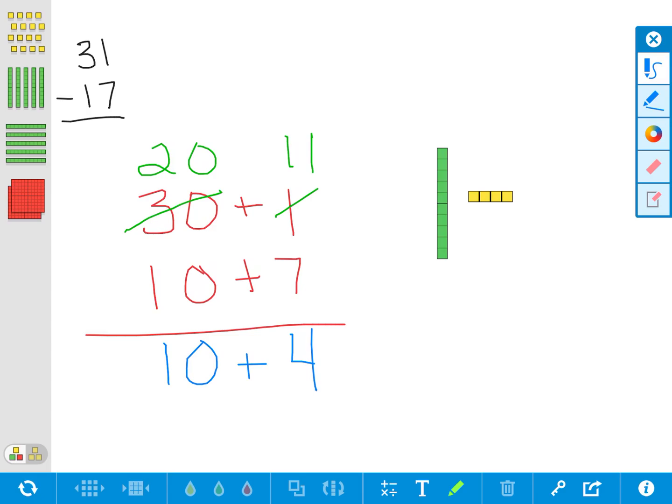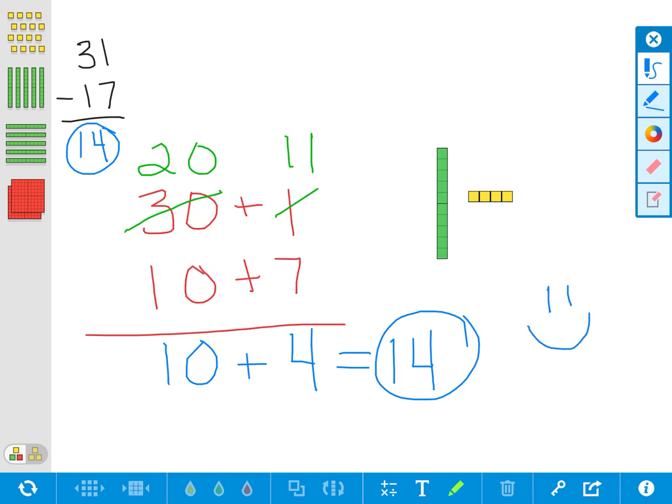So 10 plus 4 equals 14. And that is my final answer. So 31 minus 17 equals 14. I know it feels new and a little bit tricky, but I think you are up for the challenge.